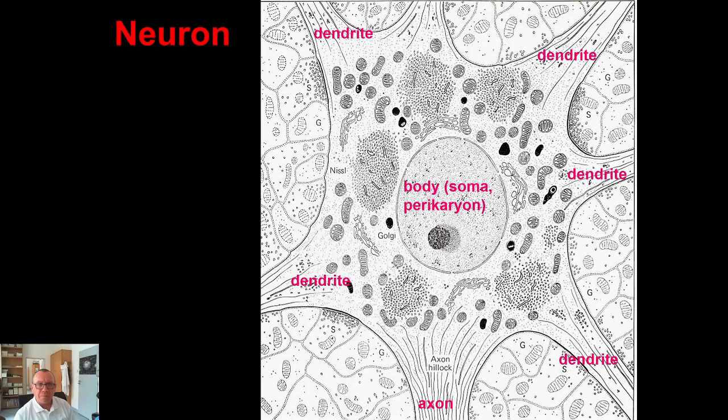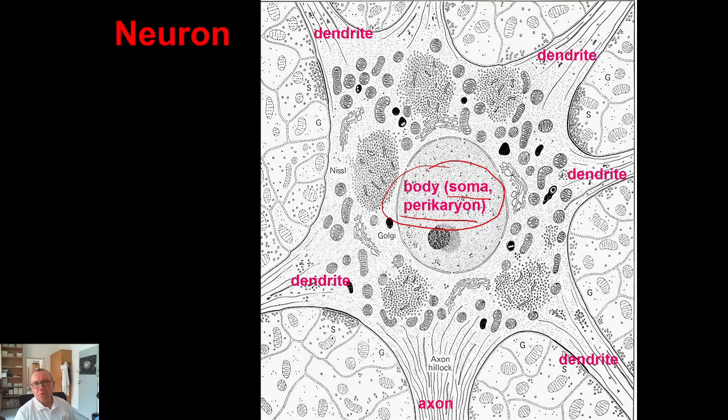A neuron is a cell which hasn't got only the typical nucleus, which I already described, but also other components. Nucleus and most organelles are situated in the neuronal body, which is also called soma or perikaryon.